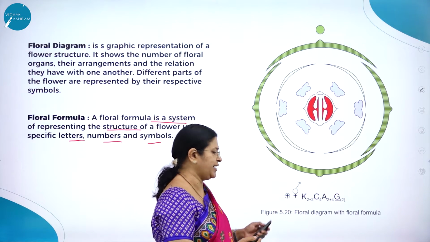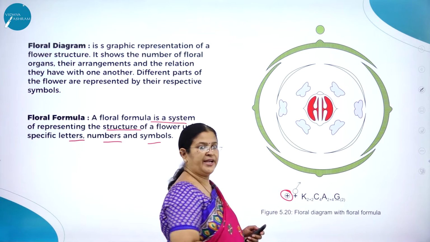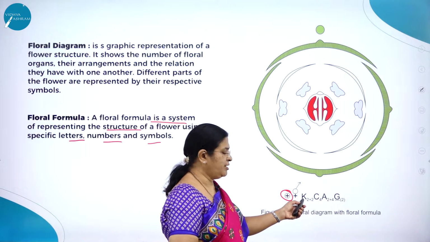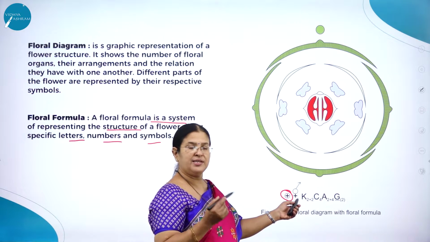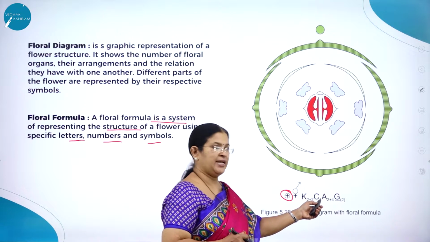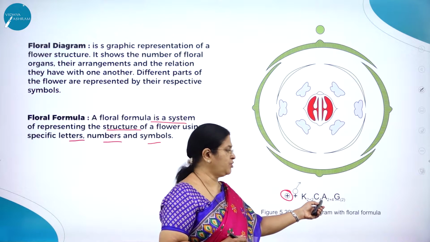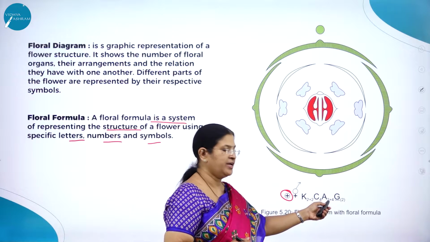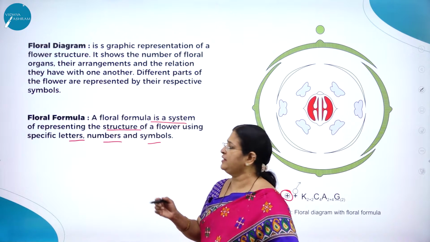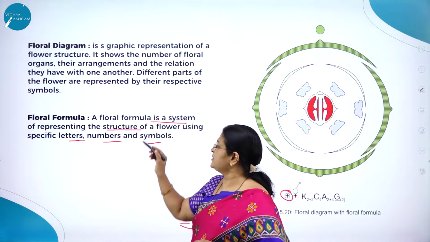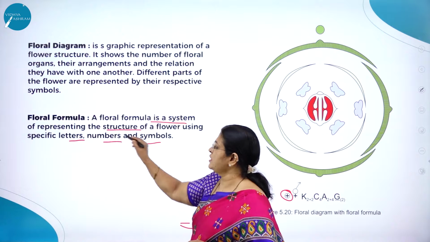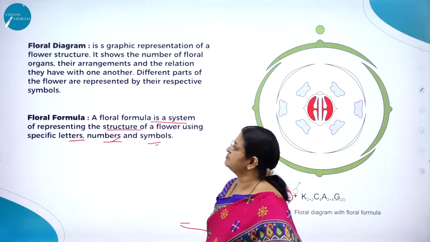Like a symbol for radial symmetry, actinomorphic, bisexual, then calyx, that is sepals, how many? 4, then corolla 4, then androecium 6 stamens, 2 plus 4, then gynoecium superior ovary and bicarpellary syncarpous ovary. So this is the floral formula, a system of representing the structure of a flower using specific letters, numbers and symbols.